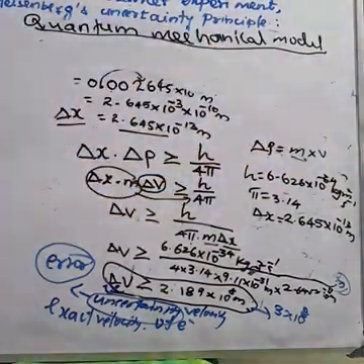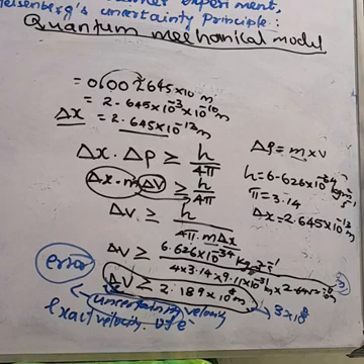Classical mechanics failed to explain the Heisenberg uncertainty principle and the dual behavior of electrons. The dual behavior of electrons was explained by de Broglie.